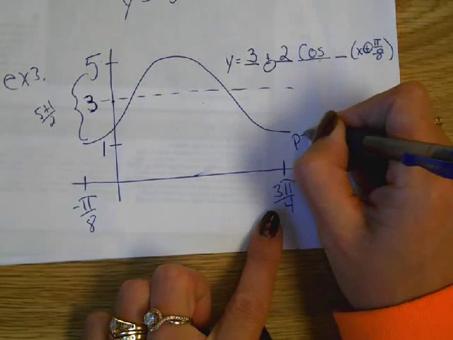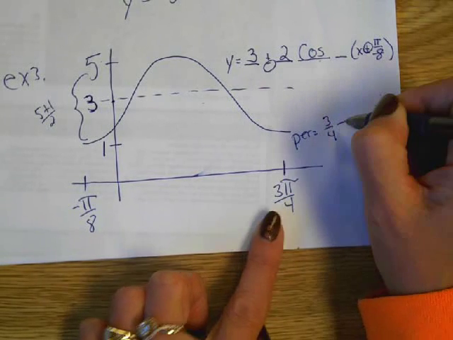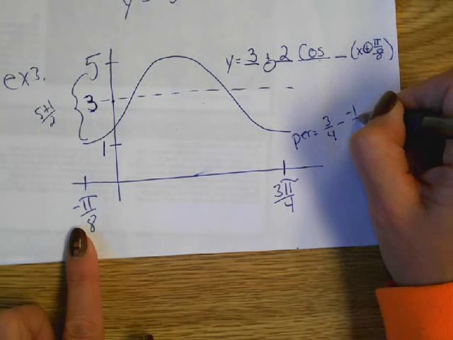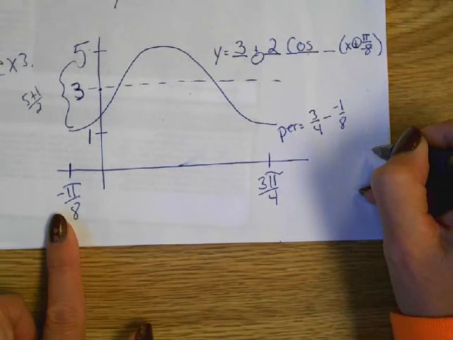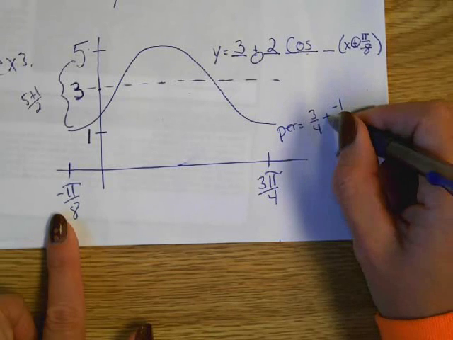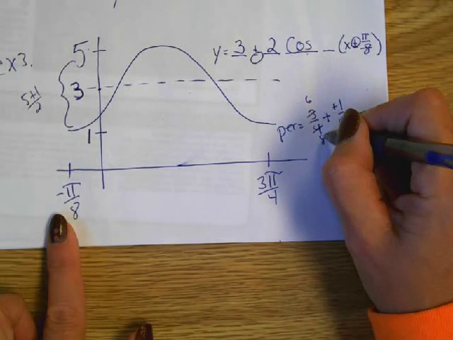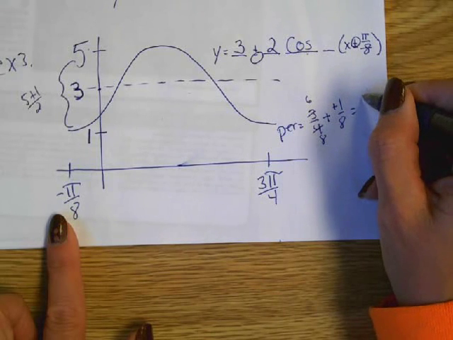So period is 3 pi over 4 minus this negative pi over 8. Which means I need a common denominator. So I'll multiply by 2. So 7 pi over 8.